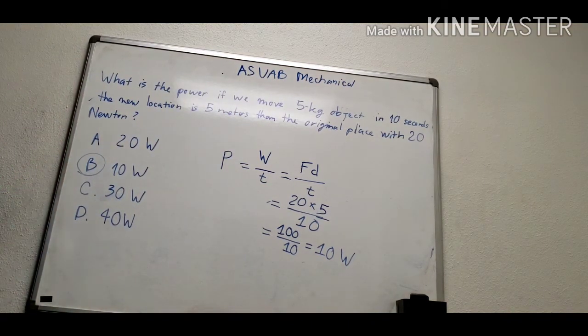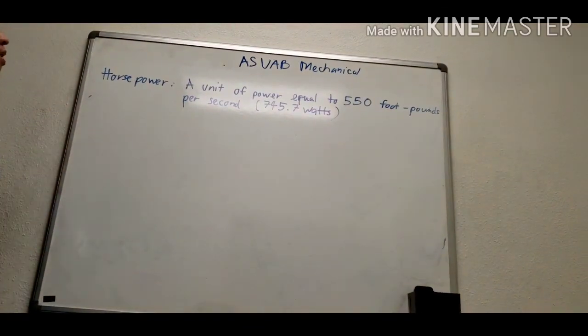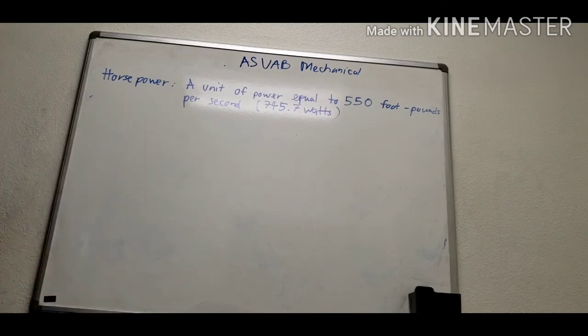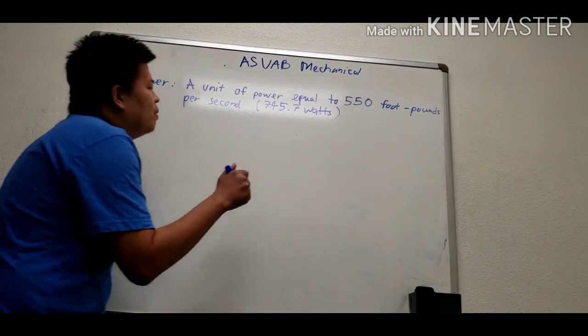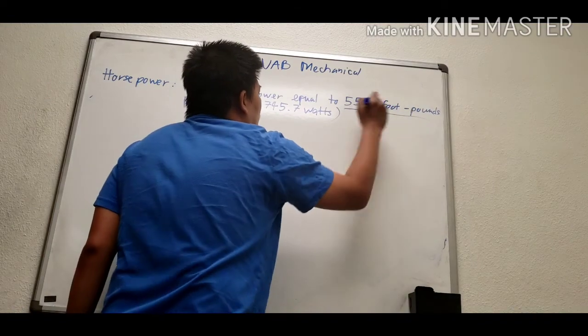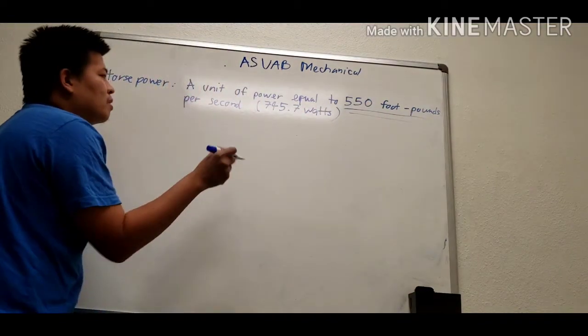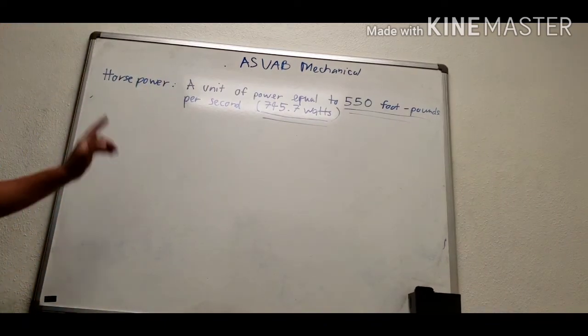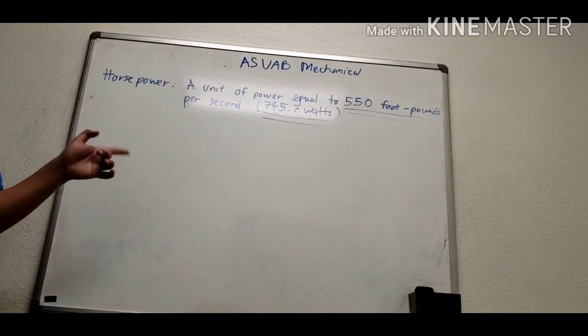Horsepower is a unit of power equal to 550 foot-pounds per second or 745.7 watts. So on the ASVAB, you should remember two numbers, 550 foot-pounds and 745.7 watts.